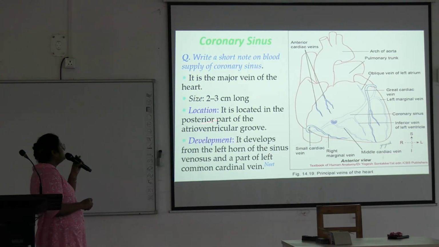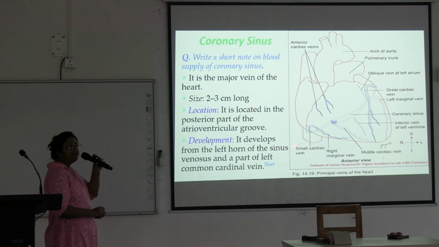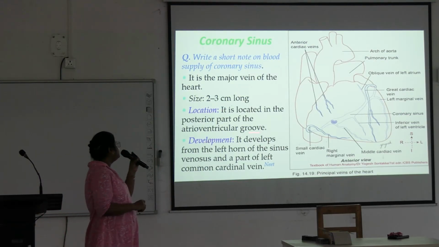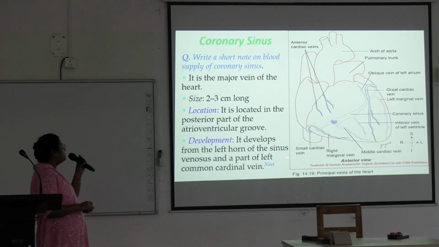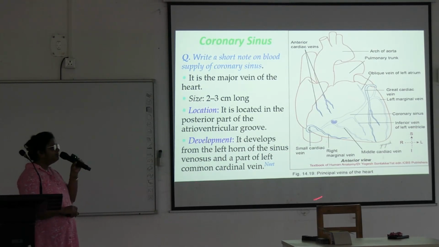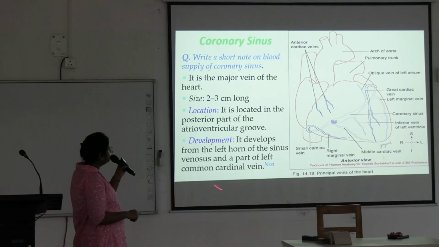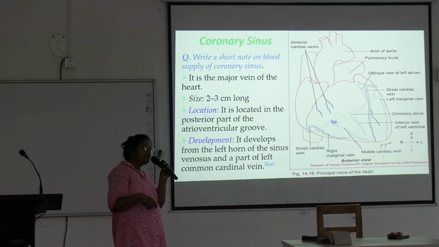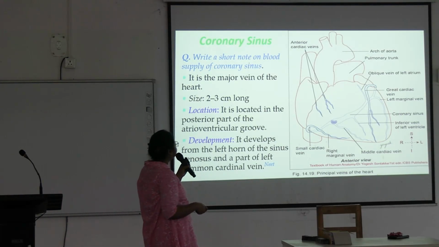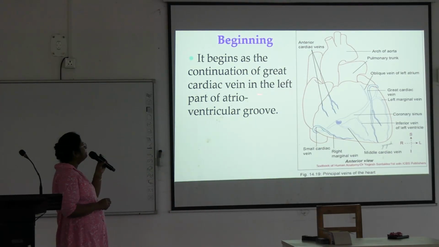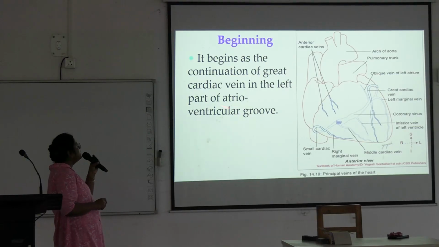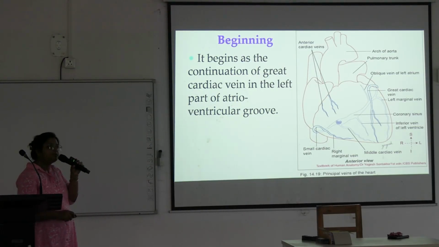Location: it is located in the posterior part of the atrioventricular groove, and it develops from the left horn of the sinus venosus and part of the left common cardinal vein. Sometimes comes in your MCQs. Okay, development. Next. So it begins as continuation of great cardiac vein in the left part of the atrioventricular groove.